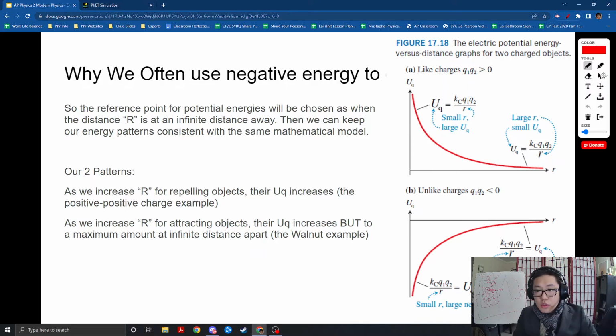And the way we could show this is by, once again, picking infinitely far away as 0 UQ, and then this UQ is going to become smaller by turning into other sources of energy, and the only way to do this is if we make attraction described by negative amounts of energy. All right, so this simply means if you see negative energy, just remember that it's describing an attractive situation. So it would be a circumstance in which we have two objects bound together. All right, moving on.